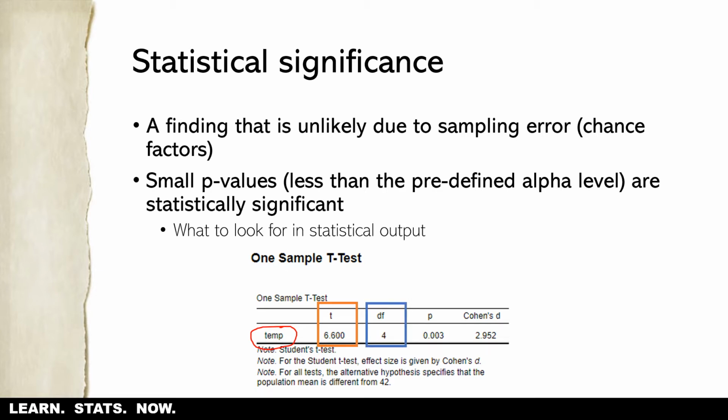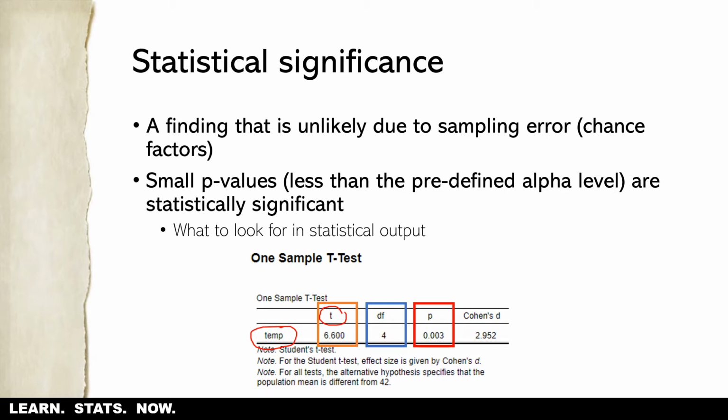DF refers to degrees of freedom. And for a one sample t-test, that's simply n minus 1. It's the number of observations that are truly independent of one another. Then comes the p-value. So the p-value is the probability that the test result, t, is due to sampling error or chance.